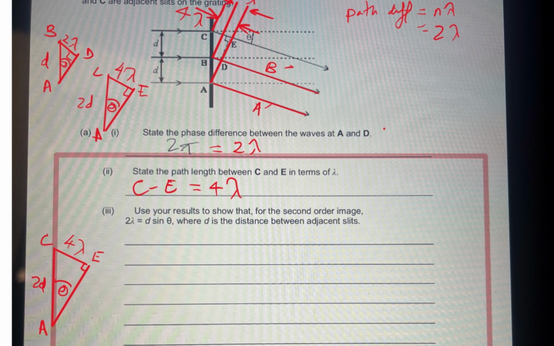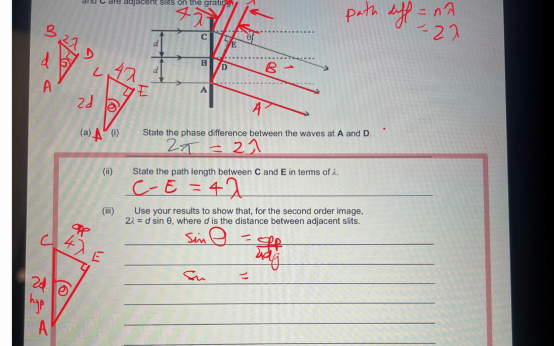So just using simple trigonometry, sine theta, because I've got the opposite. Sorry, that's the hypotenuse, and that's the opposite. So sine theta is equal to opposite over hypotenuse. I'm going to go through every step for the sake of completion.